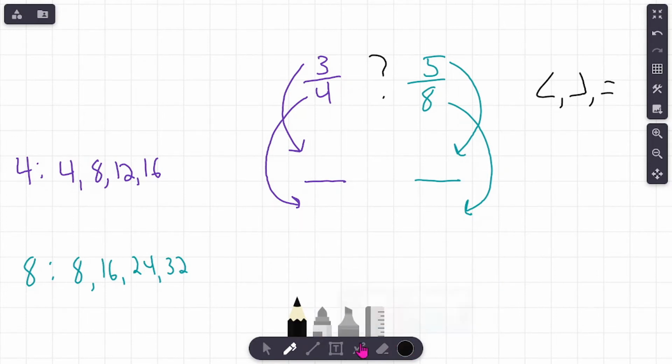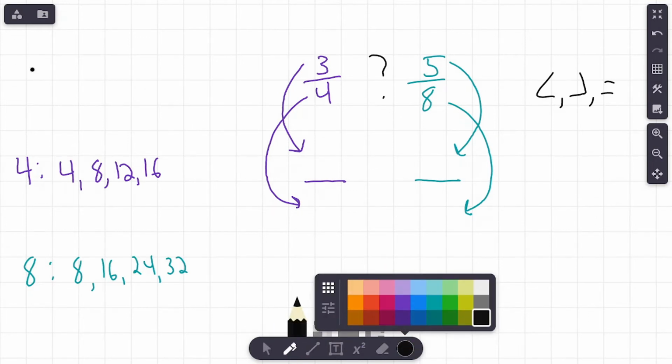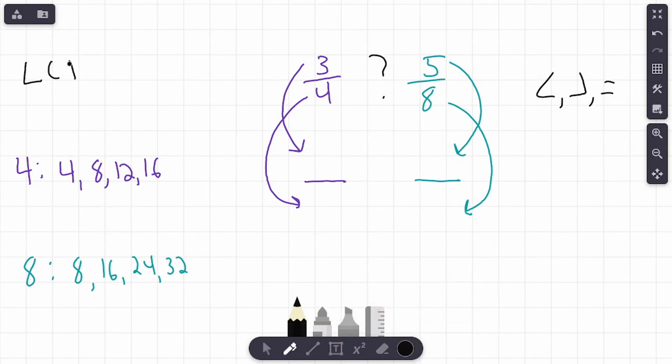All right. So now that we've skip counted here, what we're trying to do is see if they have a number in common. We're looking for the smallest number they have in common, or the LCD, the least common denominator. The least common denominator we're looking for is the number that they both have in common that is the smallest. So when you're looking at these numbers here and these numbers here, do you see a number that they have in common?